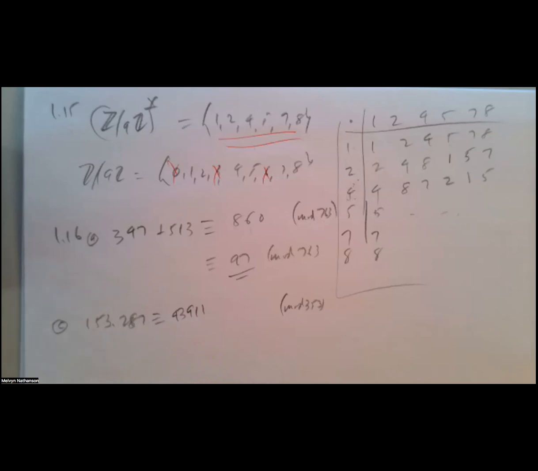So what is the remainder? It's 43,911 minus 124 times 353.